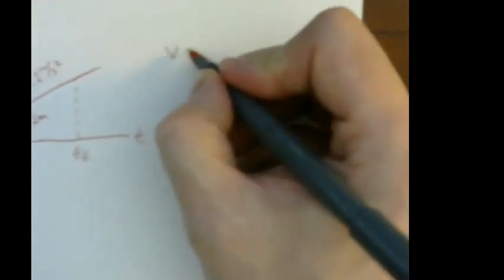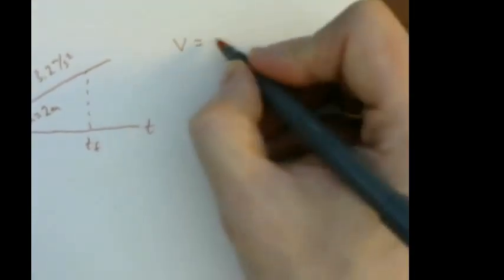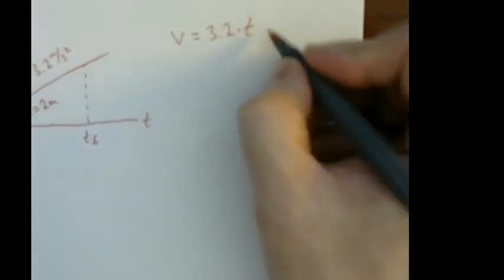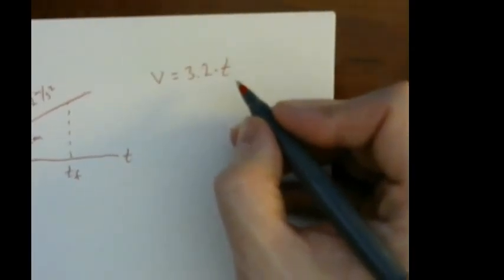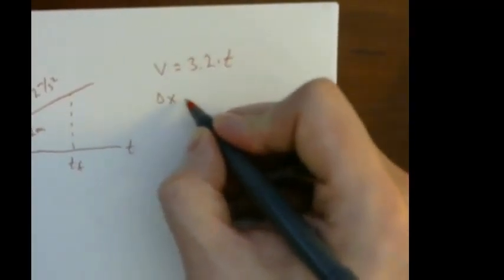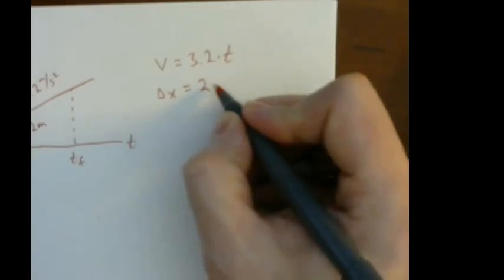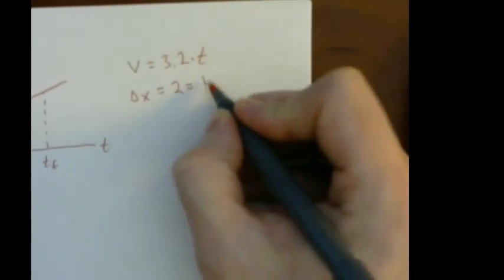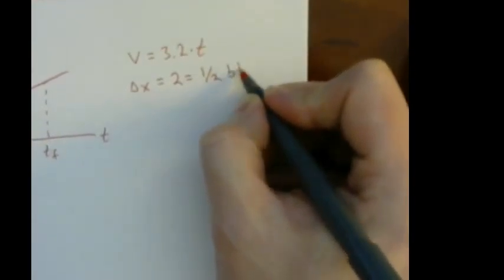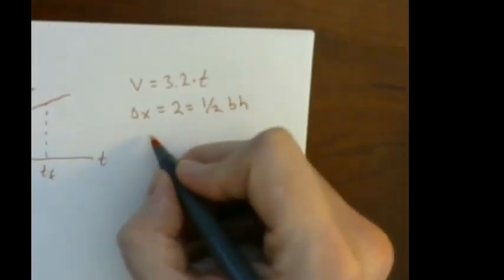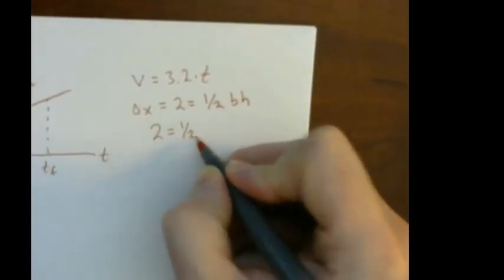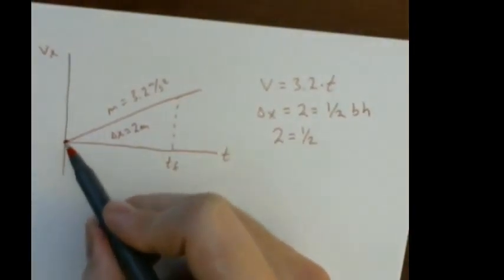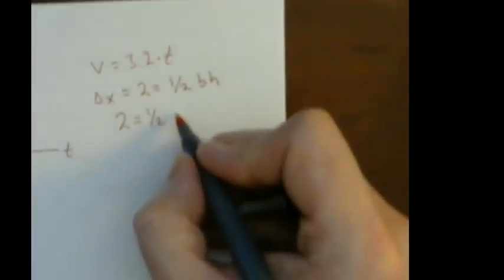So let's write out all we know. We know that the velocity at any time is 3.2 times the time plus the initial velocity, the y-intercept, which is 0. And we know that the displacement, equal to 2, is also equal to the area of a triangle, which is 1/2 base times height. Well, the base of my triangle is TF.